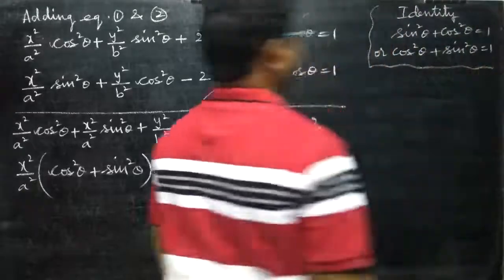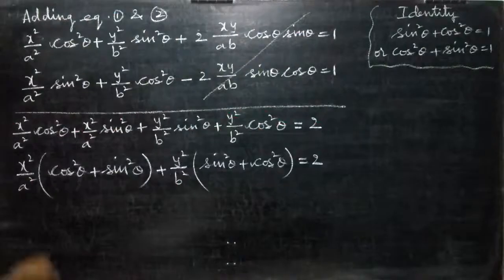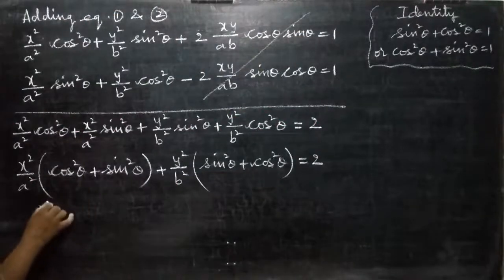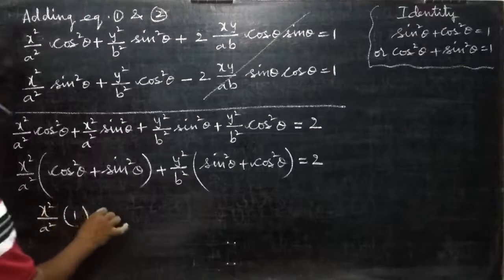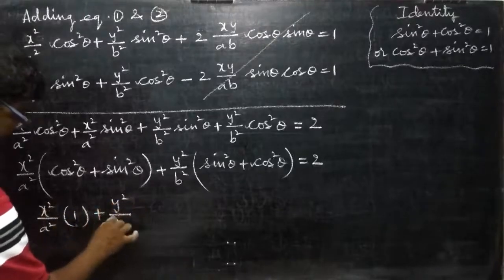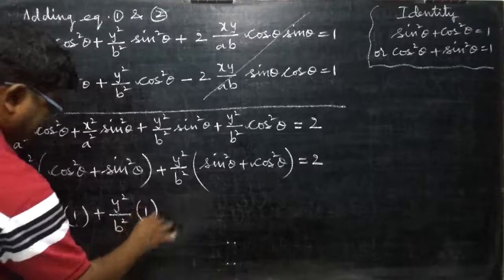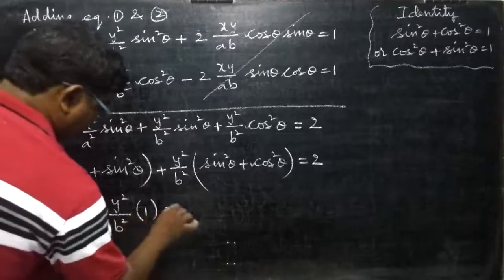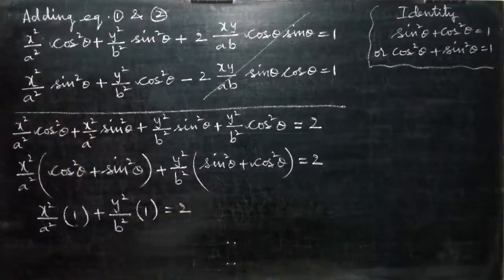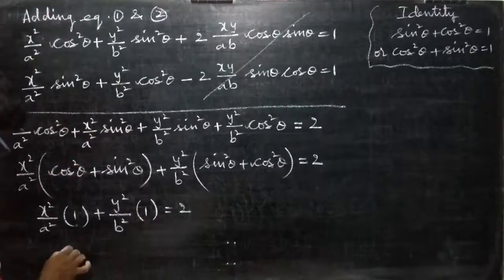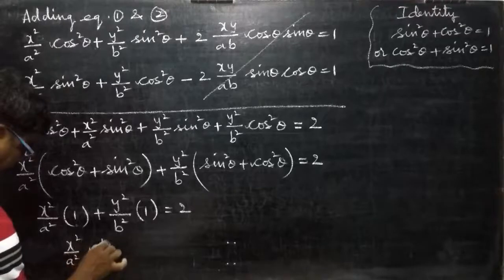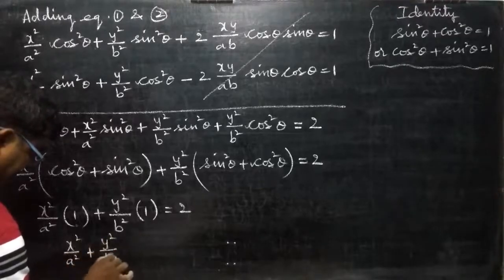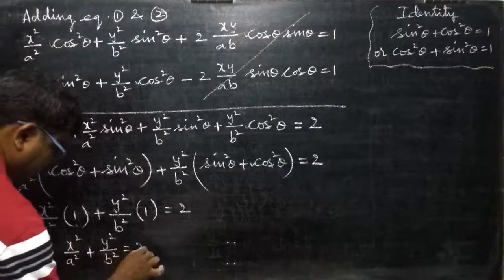Plus we can write anyway. So now we are replacing x square by a square into 1 identity plus y square by b square into 1 is equal to 2. Don't forget this 2. Now 1 into anything is the same, x square by a square plus y square by b square is equal to 2.